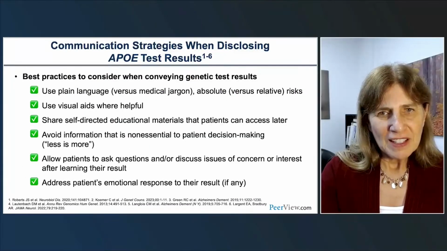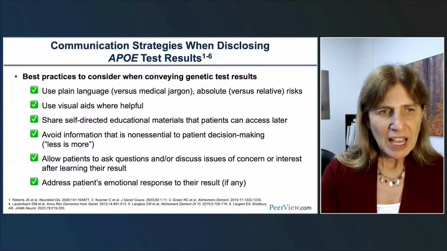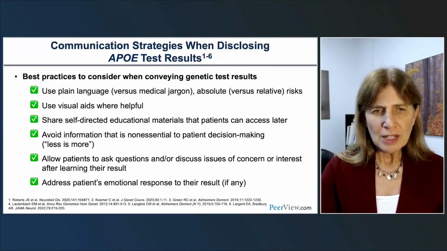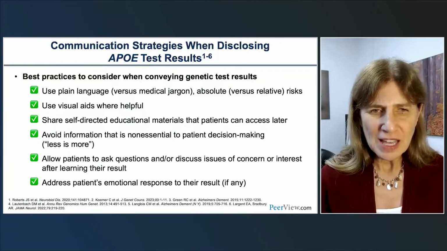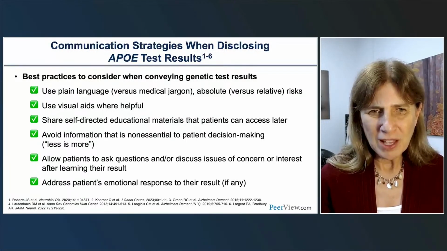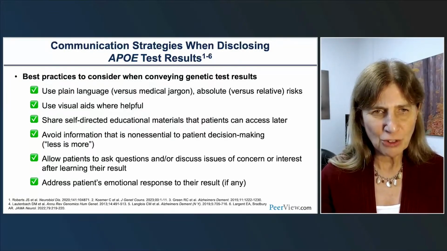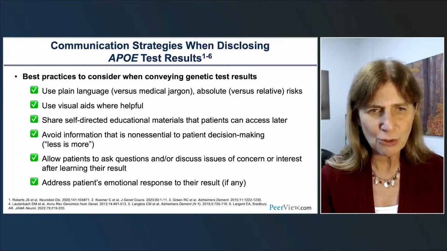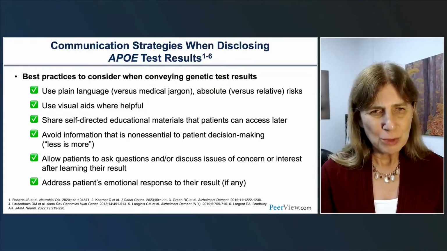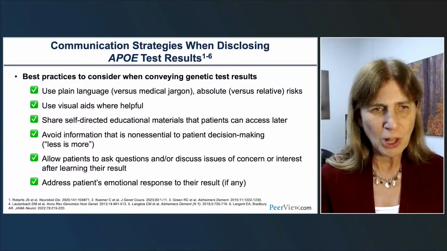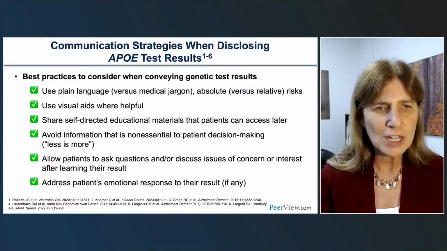So I think that it's important when we're communicating with patients to use plain language, to use examples or analogies that are sensible, and forget the medical jargon. That doesn't usually resonate. I talk about different ApoE genotypes like blue eyes, green eyes, brown eyes. And if you have blue eyes, you might be more at risk for certain eye diseases, but these are all normal eye colors, that kind of analogy.